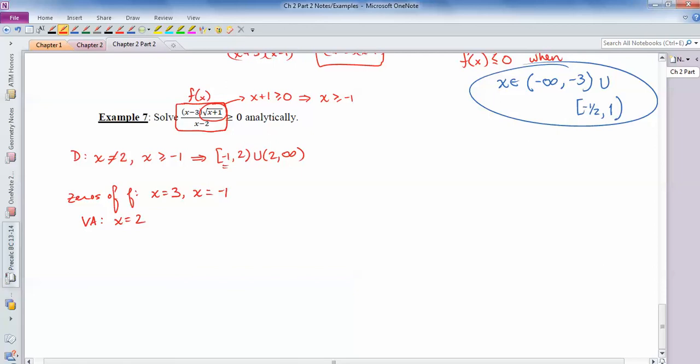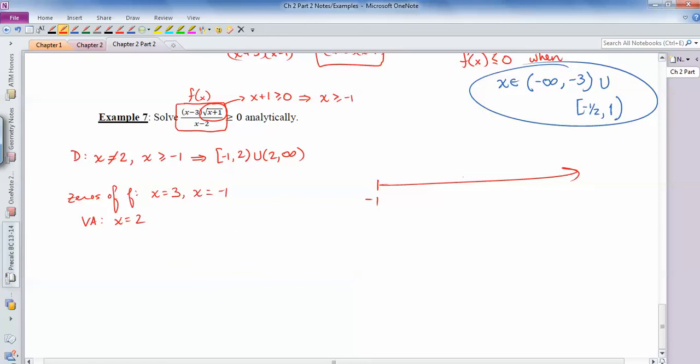Okay, so if I make my sign chart at this point, normally I'd make a sign chart that looks like this. But I'm not actually going to have the arrow keep going in that direction. I'm going to chop it off here at negative 1 because I'm not allowed to have anything else beyond negative 1 here. Right? So negative 1 is where I need to chop it off.